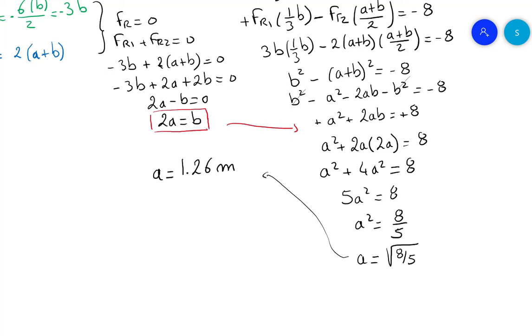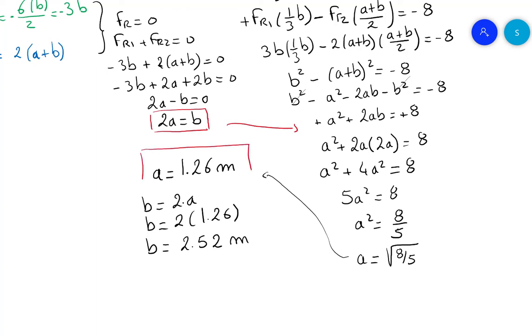And now we use the fact that 2A equals B, so B is equal to 2 times A. So B equals 2 times 1.26. That gives us B equal 2.52 meter. Here we go. We got A equal 1.26 and B equal 2.52.